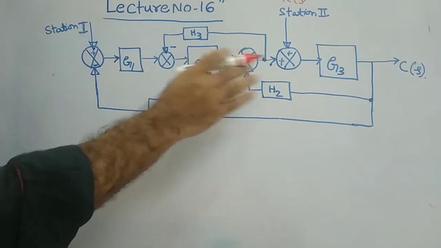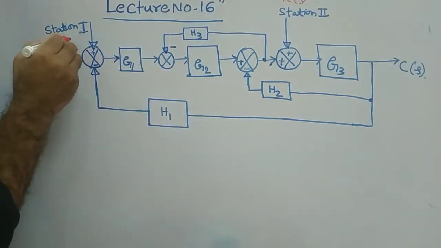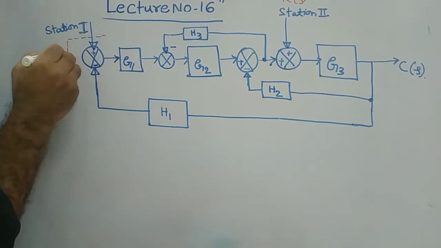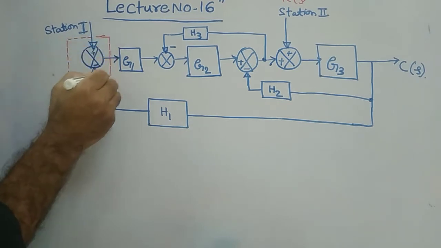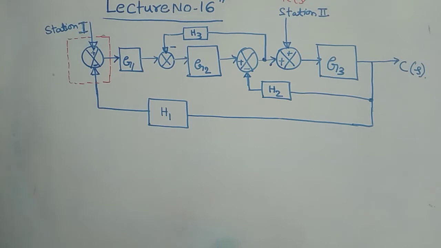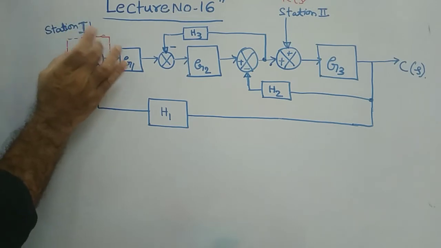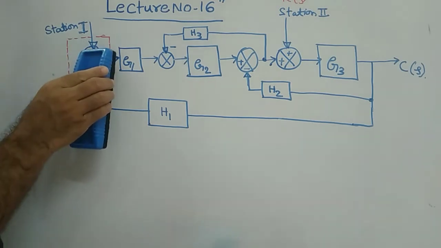If the R of S is shifted to station 2, then you simply make station 1 equal to 0. You just remove this summer, which means you put 0 there, so there should not be a summer.